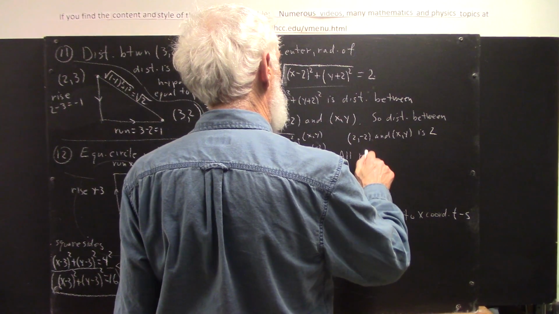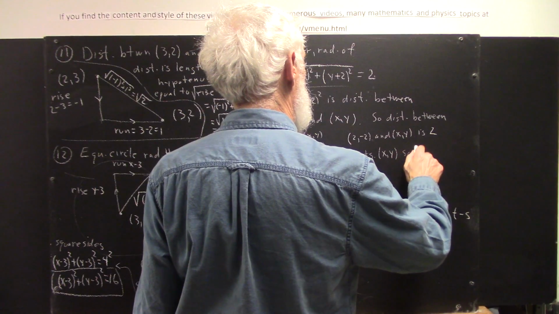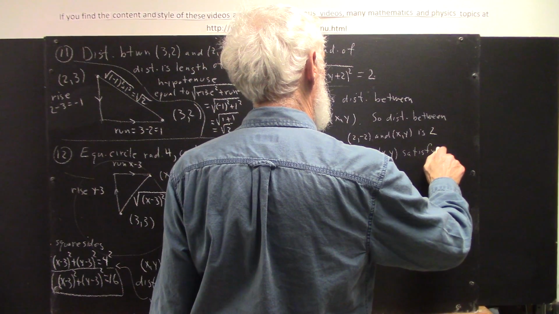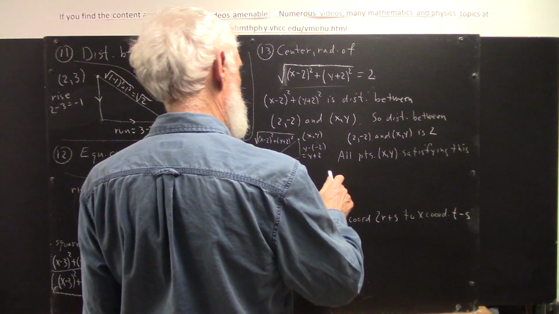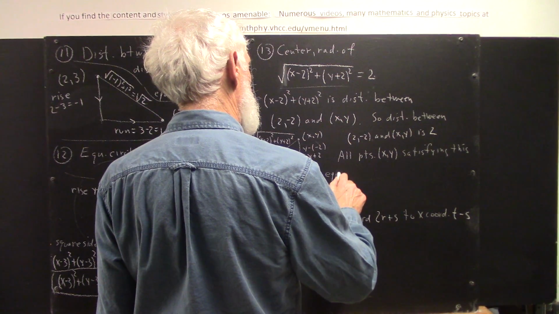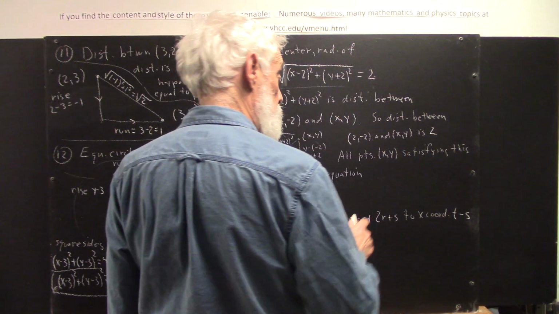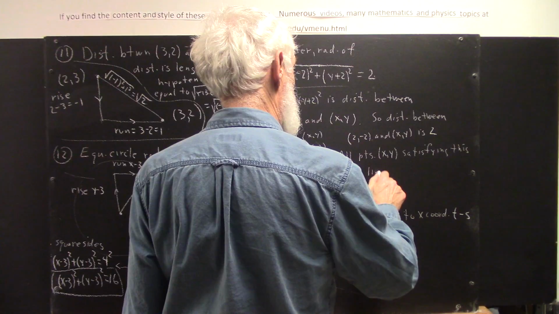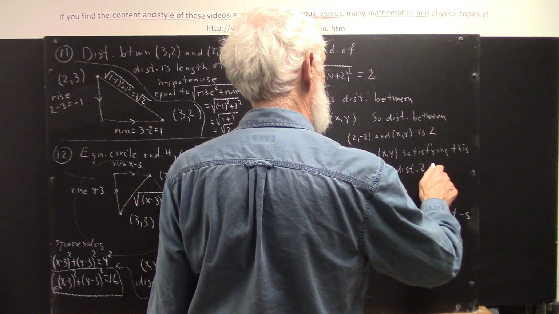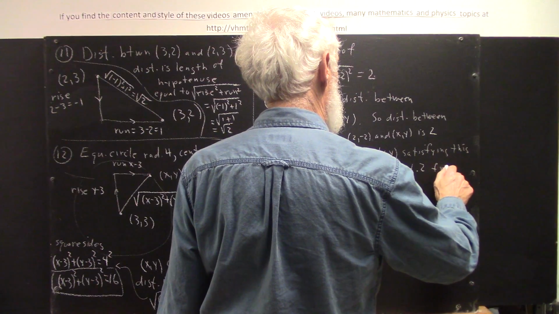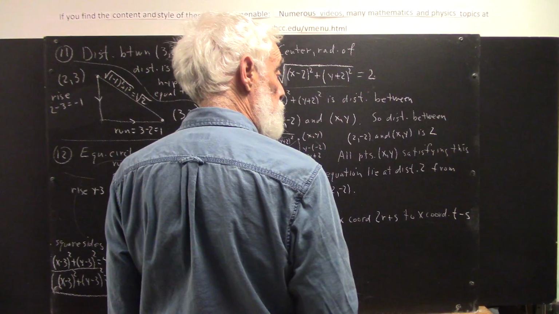Now I can say that all points x, y satisfying this equation lie at distance 2 from 2, negative 2.